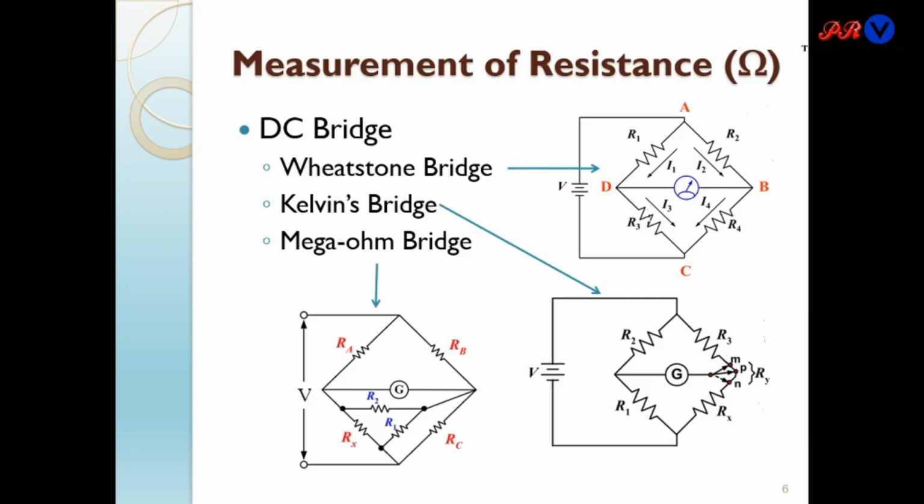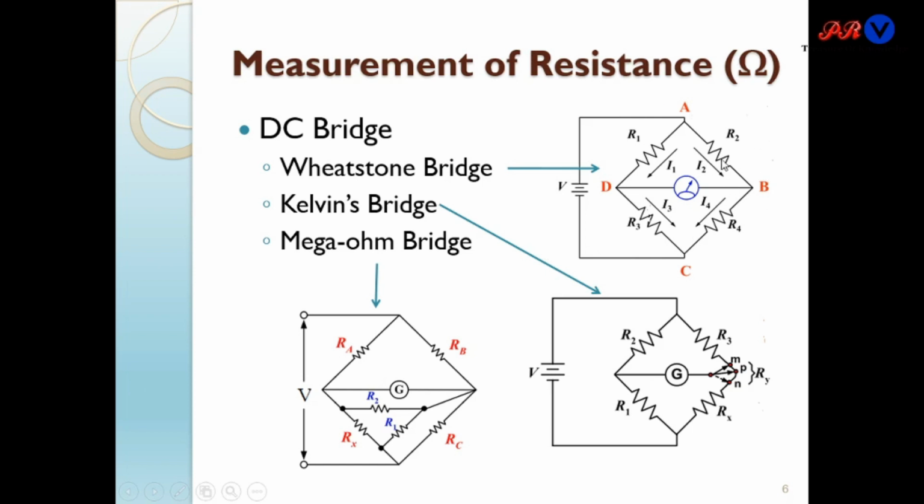So the first type of bridge is the DC bridge, and DC bridges are used for measurement of resistance. We will use here 3 types of DC bridge. First is the Wheatstone bridge. This is our Wheatstone bridge.